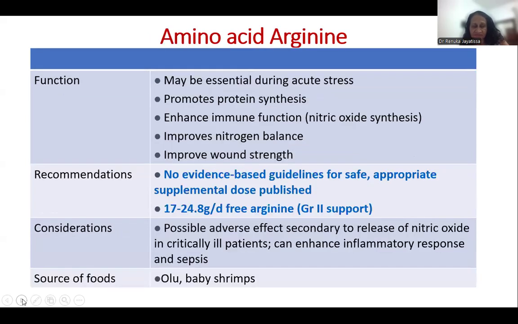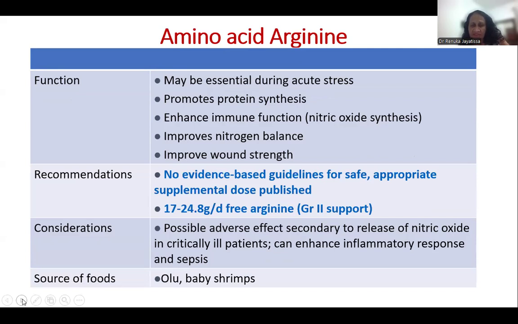Next one. Then arginine also, that's another conditionally essential amino acid that I mentioned. It's also important in acute stress, and it promotes protein synthesis and immune functions, as well as improving wound strength.